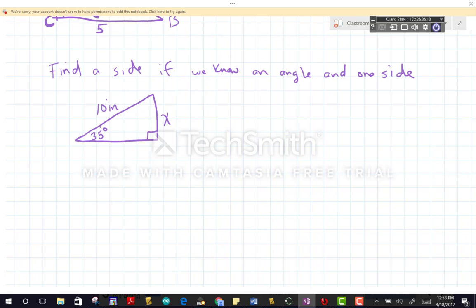Well, I know the way I would have gone about it, I would have found the sine, because we have our angle up there and that hypotenuse.